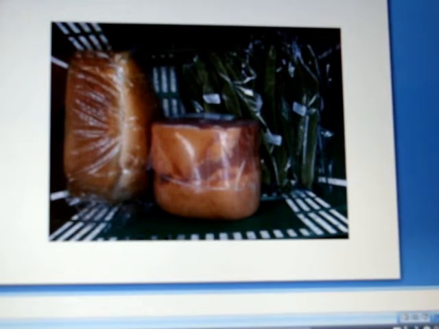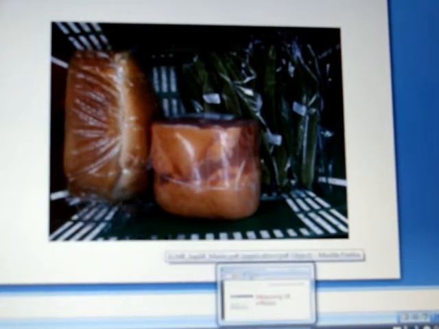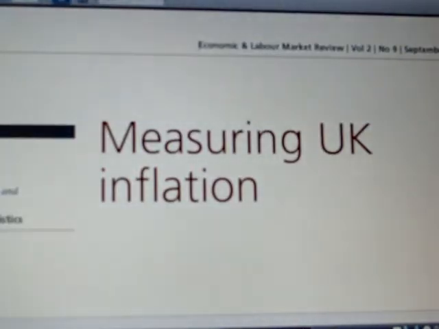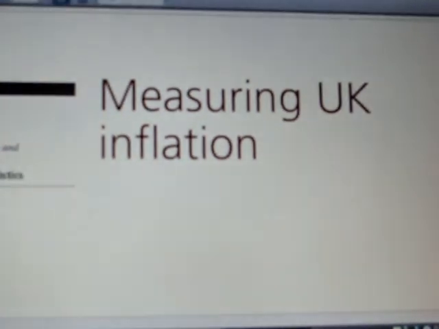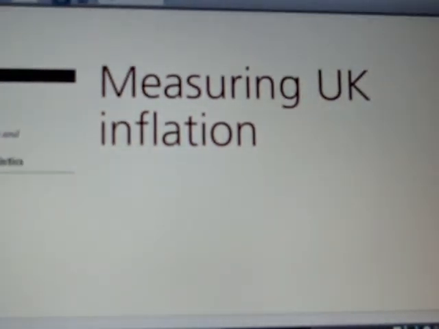There is an interesting article inside the website of the Office for National Statistics Online regarding measuring UK inflation, where retail price index has been discussed in some detail.